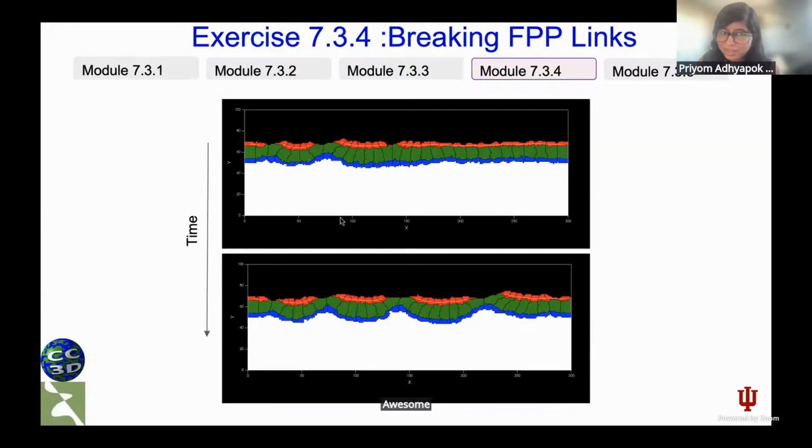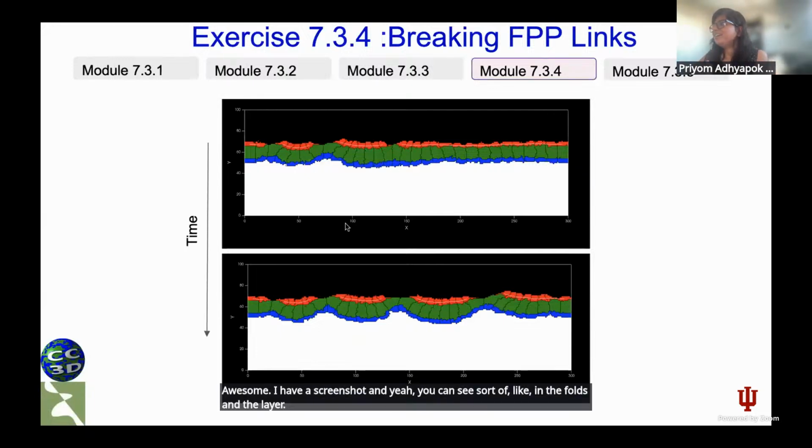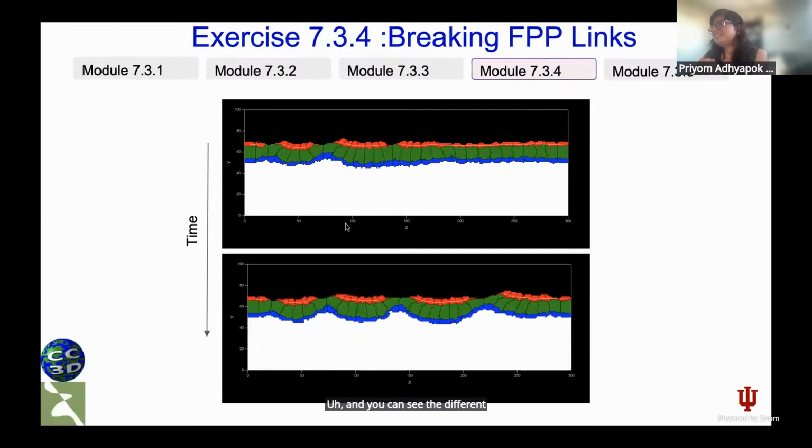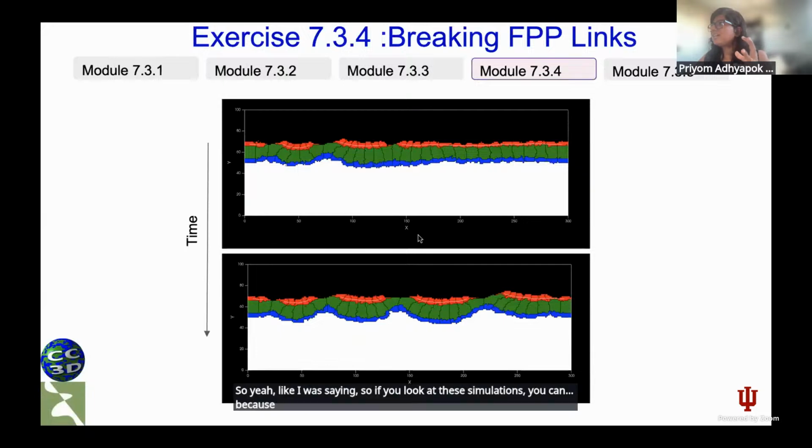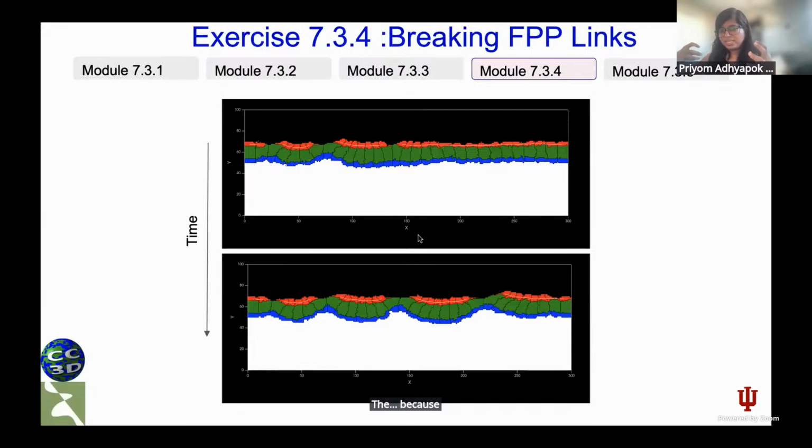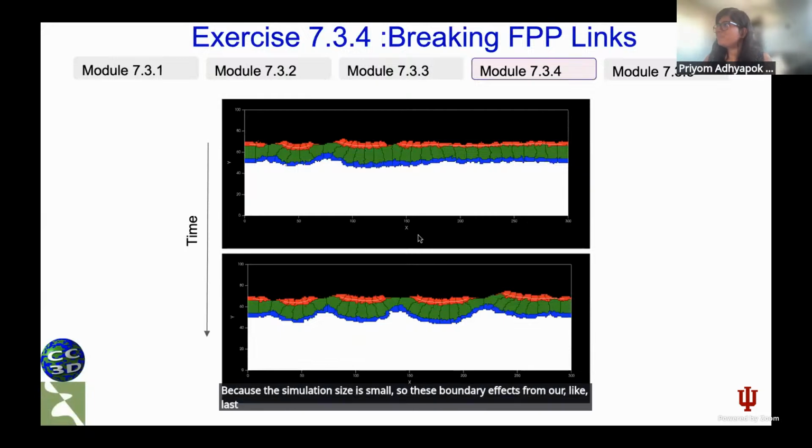Awesome. I have a screenshot, and you can see folds in the layer, and you can see the different units nicely. So that's great. Oh, thank you, Kyle. Yeah, that looks great. So like I was saying, because the simulation size is small, these boundary effects from our last two fixed cells are creeping in.